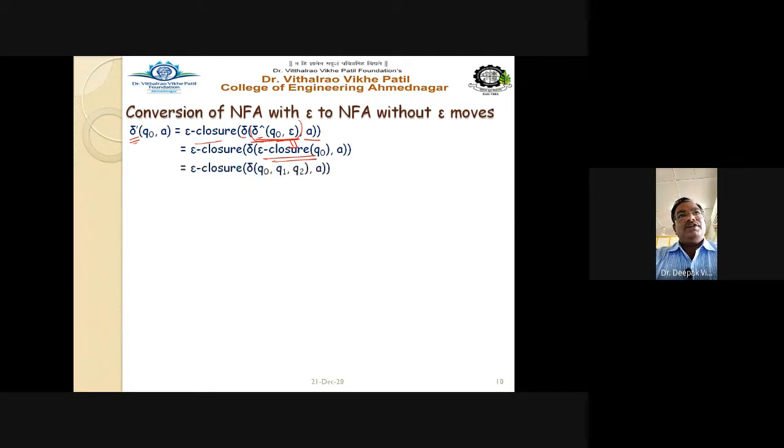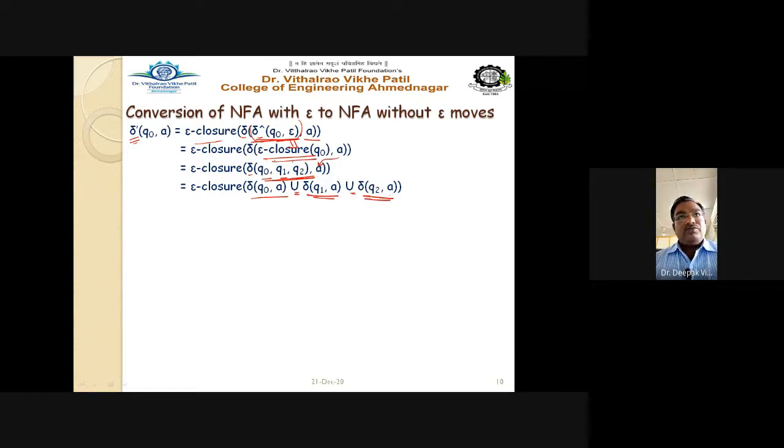So write it here: delta of Q0, Q1, Q2 comma A. Now we have to split it into all the transitions. So we get E closure of delta of Q0 comma A union delta of Q1 comma A union delta of Q2 comma A.